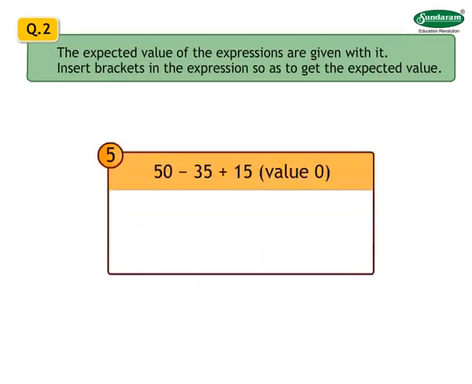Number 5. 50 minus 35 plus 15. Value is 0. Solution. According to the rule, we will insert simple brackets for 35 plus 15, so 50 minus (35 plus 15).